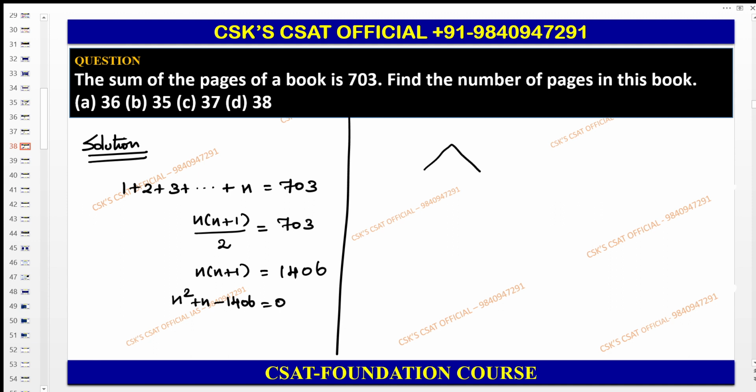So here this is the product, then this is the sum. When you are multiplying the coefficient of n square with the constant, that is the product, we have to get minus 1406. Then the sum is nothing but the middle term, the coefficient of n.